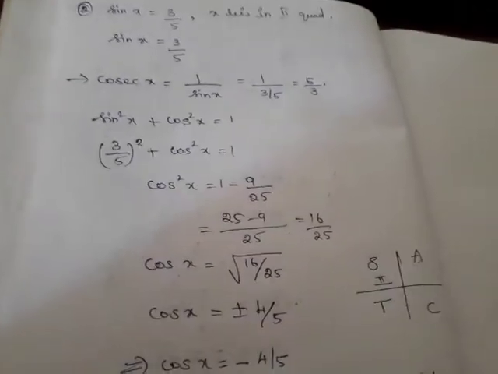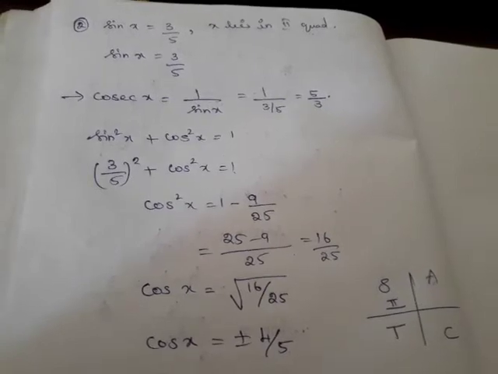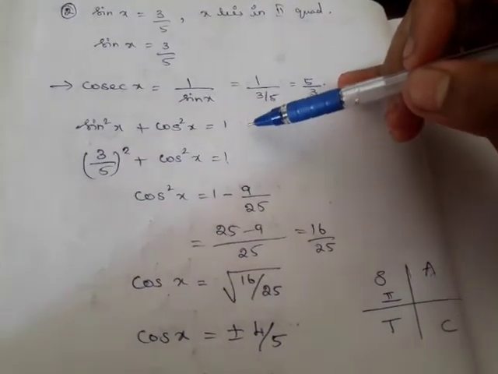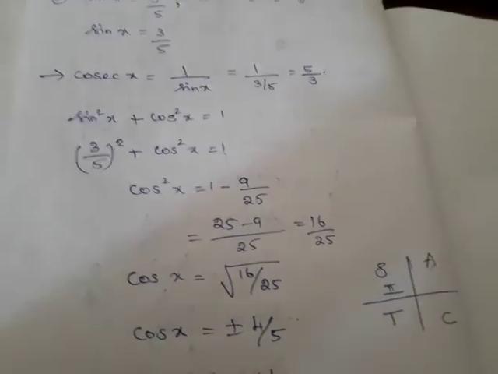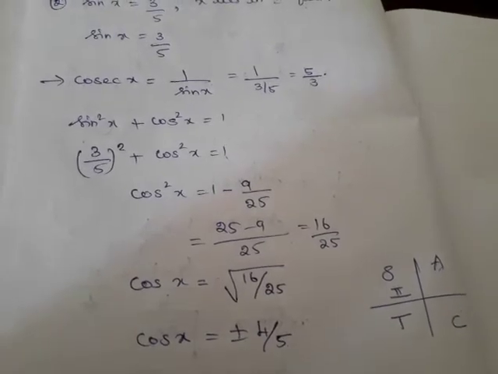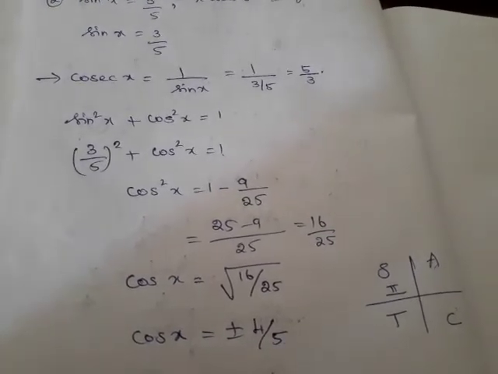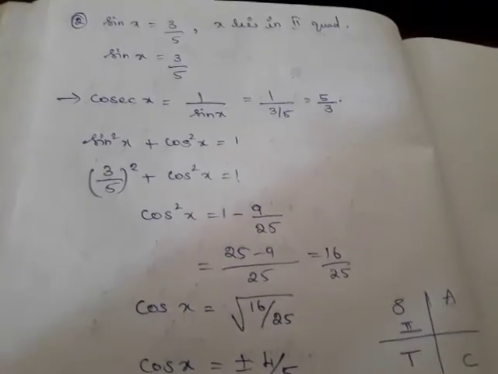So in both the problems what we solved, initially we know the value for sin and cos. So we went with cos square x plus sin square x equals 1. Suppose if you see the third, fourth and the fifth question, they have given you the values for cot x, secant x and tan x. So wherever is needed, you should go with the necessary identity. You know the 3 basic identities, right?